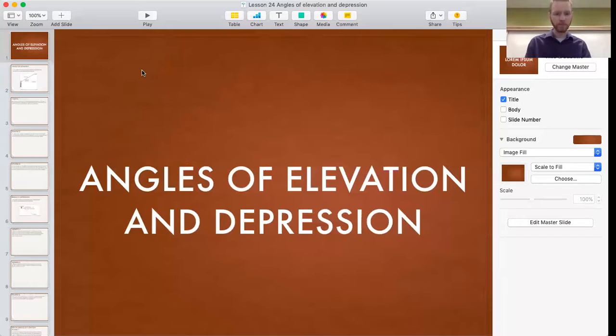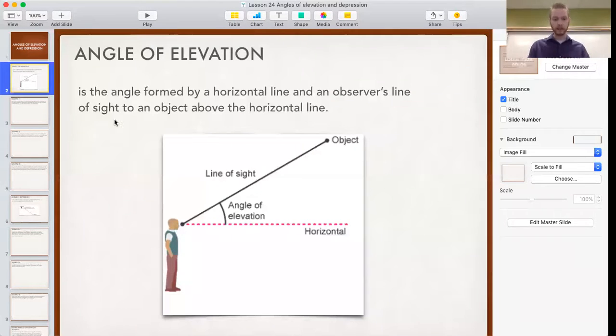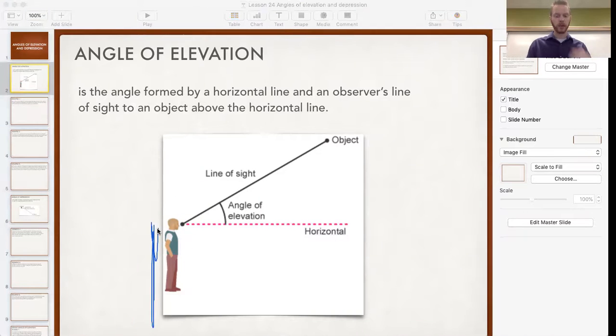So angles of elevation and depression. When we talk about an angle of elevation, we're talking about just from a person's perspective. I have my person right here. If I look straight ahead, that's his dotted line, his horizontal line. Now let's say there's some object up here that he's looking at.